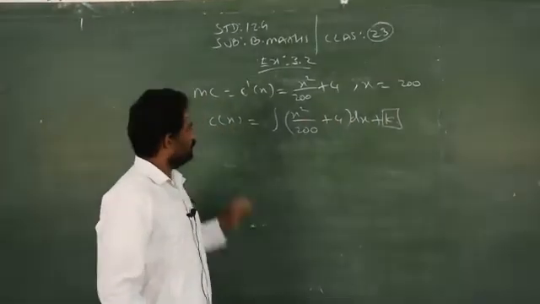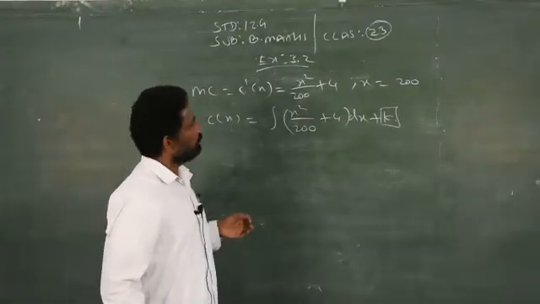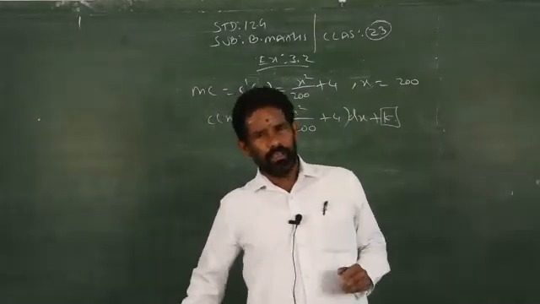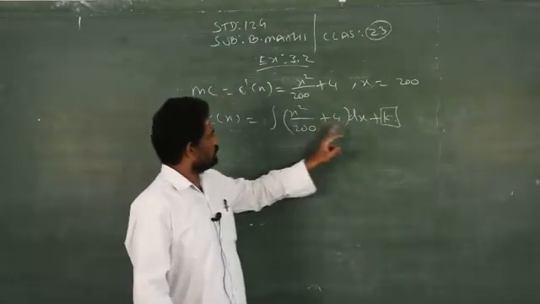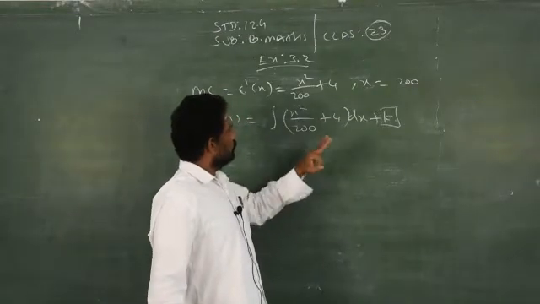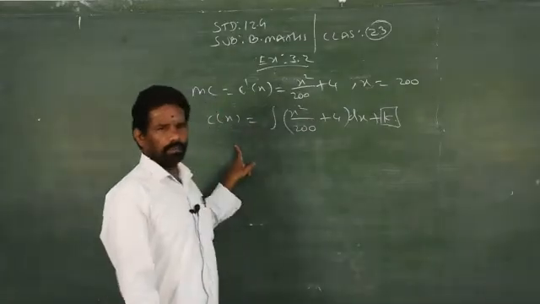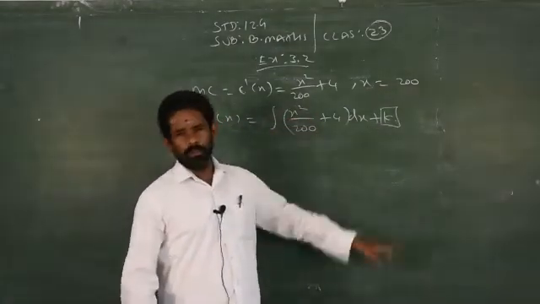Out of these three, if you know any two pieces of information, then you can easily find the remaining one. That is the basic concept that you learned in the lower classes. Either you know x and k, and you can easily find c, or if you know c and x, then you are able to find k.